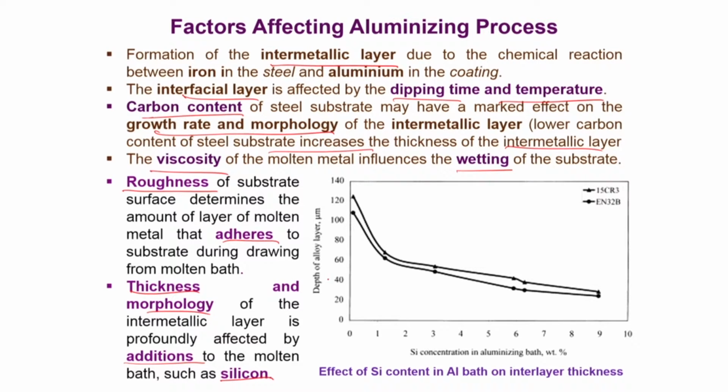Typically, if you increase higher and higher amounts of silicon, then the depth of the alloyed layer decreases. So the depth of the layer decreases as we increase silicon concentration in the aluminizing bath.